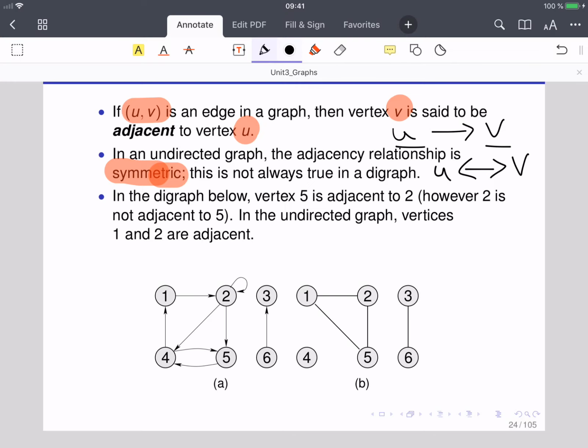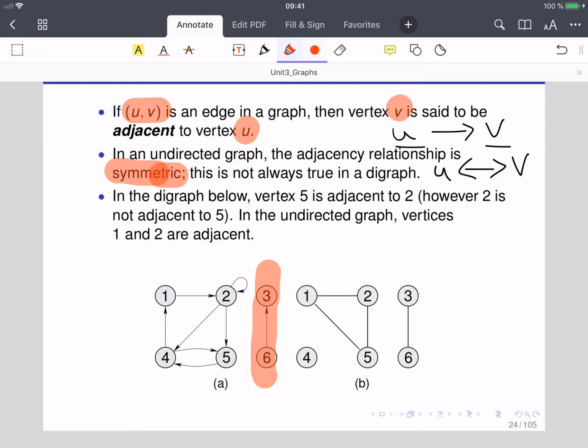But in the case of directed graphs, this is not the case. For instance, in this example here, we have these two vertices and this edge from 6 to 3, and then 3 is adjacent to 6, but 6 is not adjacent to 3.